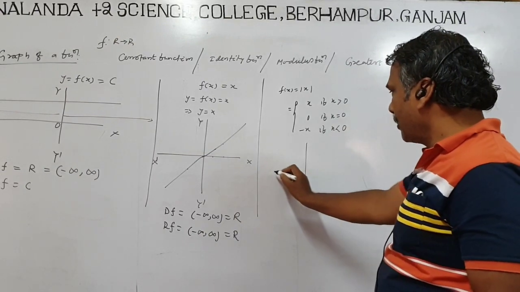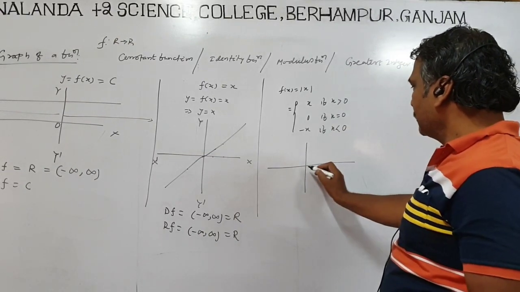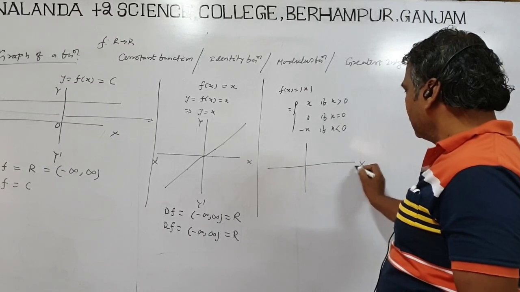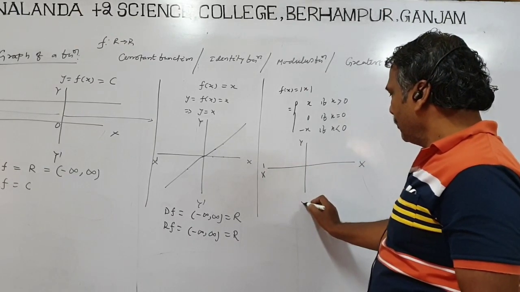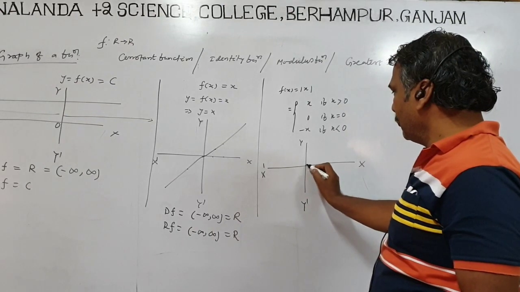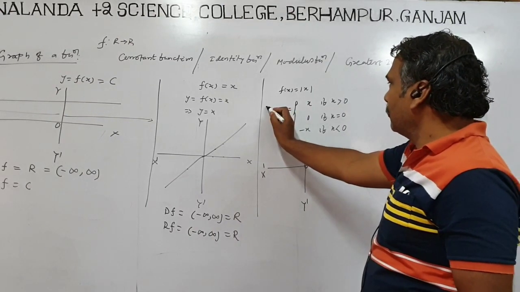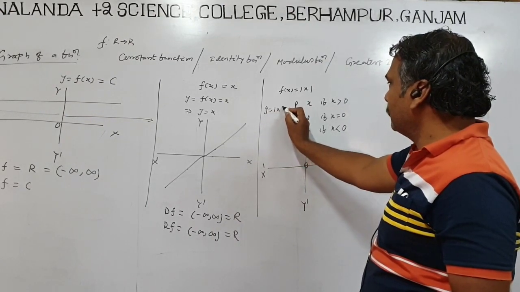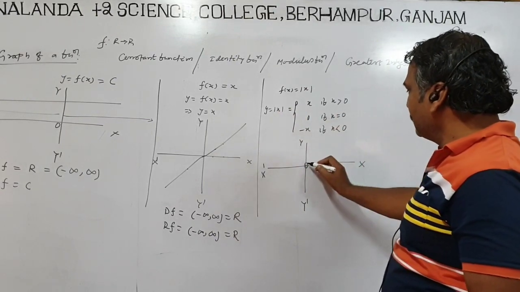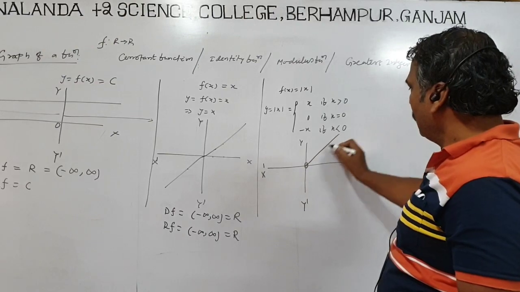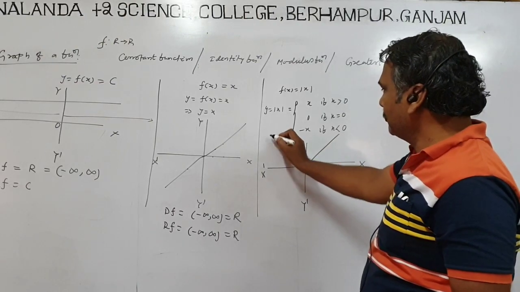Now this is a curve. When x equals 0, this is the x dash, y dash axes, and this is 0. Now y equals mod x is this one. When x equals 0, y equals 0. When x is greater than 0, or when x is less than 0, it is this one.